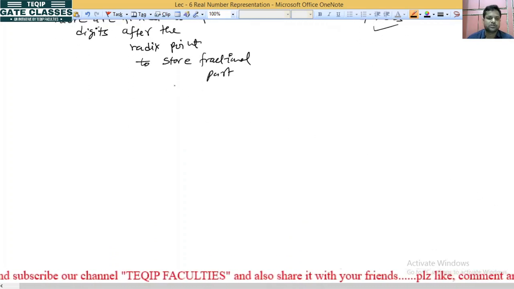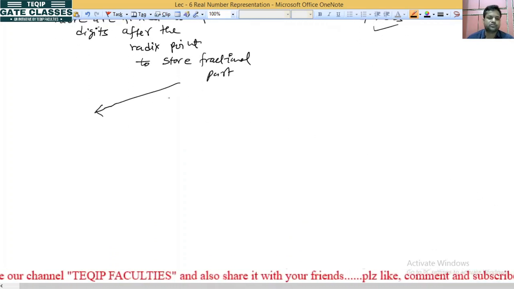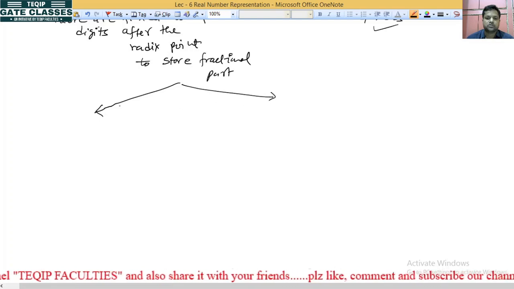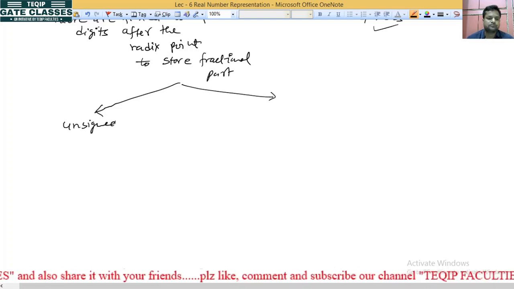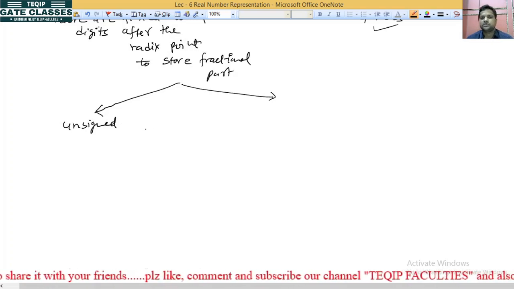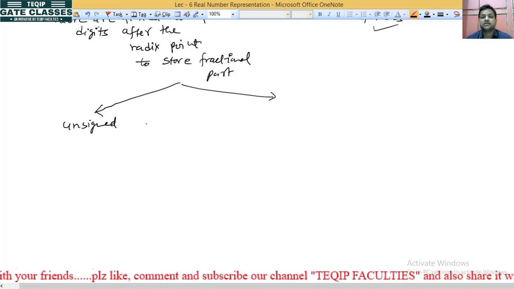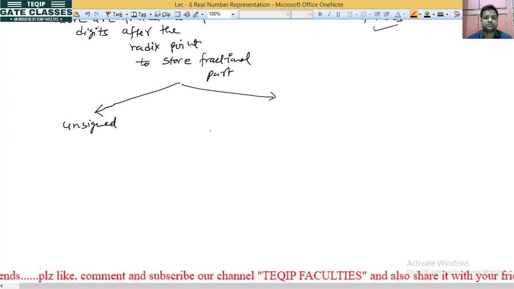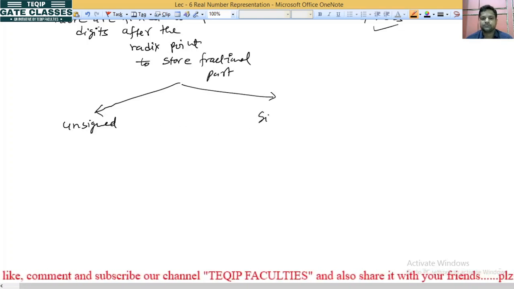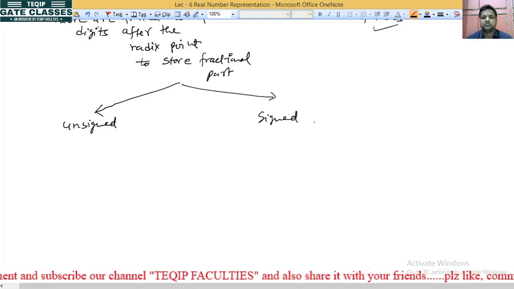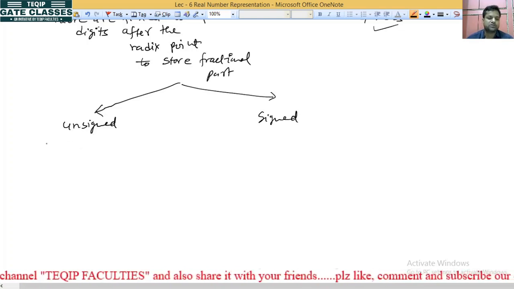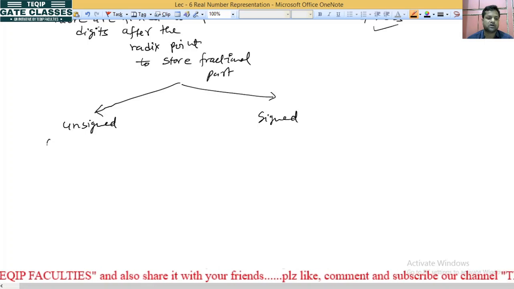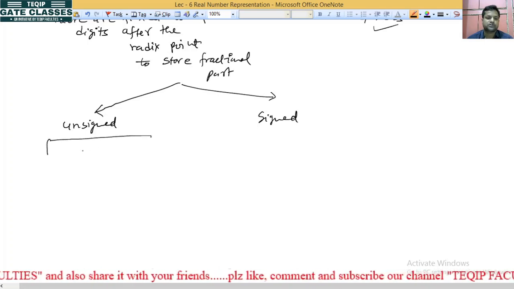In fixed point representation we will study for unsigned number, how we store unsigned real number in fixed point representation, and signed number, okay na. So in unsigned number what will be the format of representation?